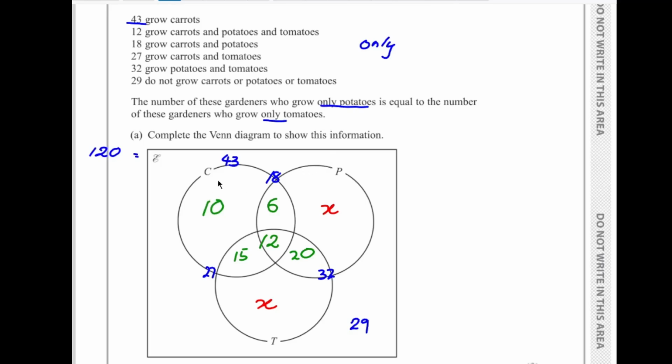Now we know that once we add everything in the circles, they add up to 120, then we can figure out what x is. So let's write like this.